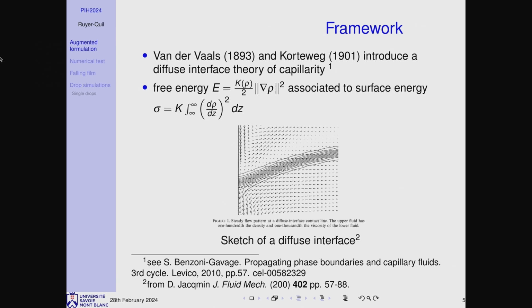So they introduced formulations for the surface energy of this kind, and you jump to the sharp interface limit with this formula, where the usual surface tension is simply the integral of this free energy. This is quite well known.